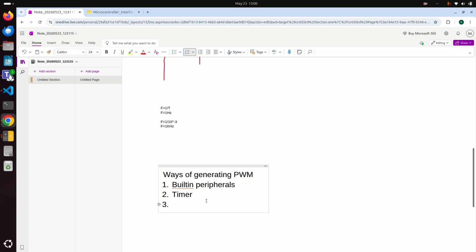In that case you can write code with the help of a super loop to generate pulse width modulation. This approach is called bit banging. So what is bit banging? Now we got the idea, right? You need to write code with the help of a super loop to generate pulse width modulation.